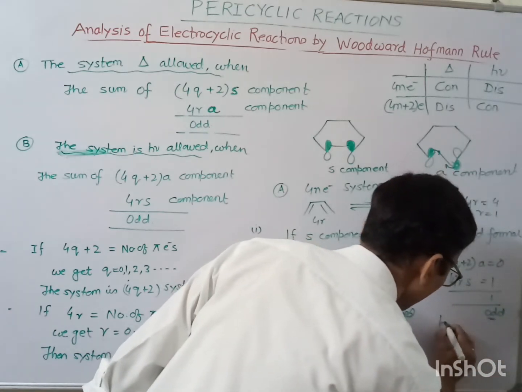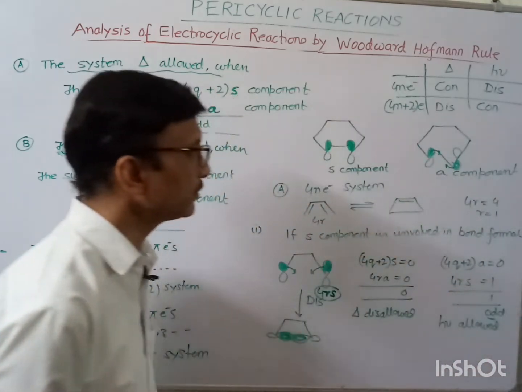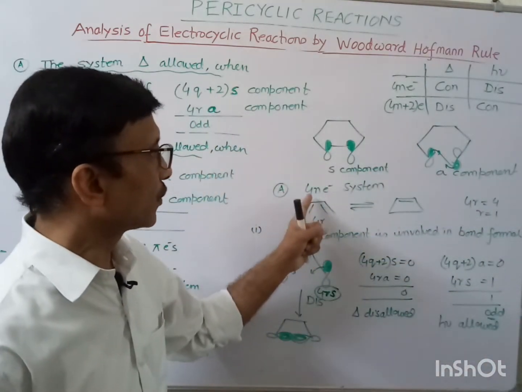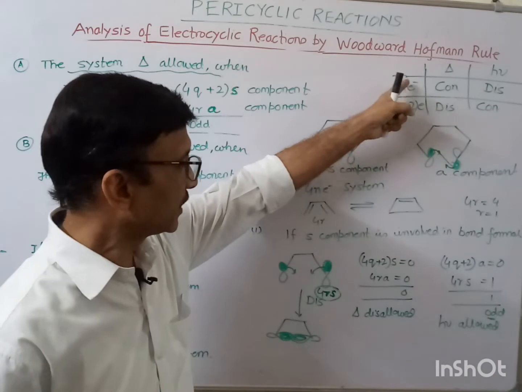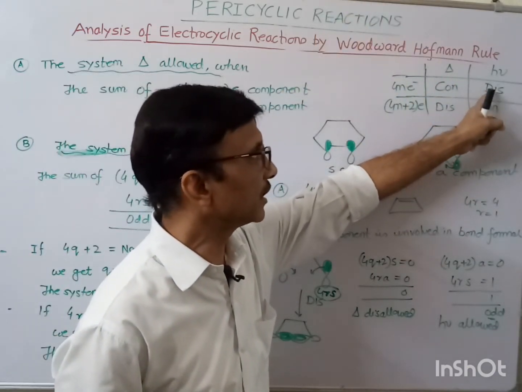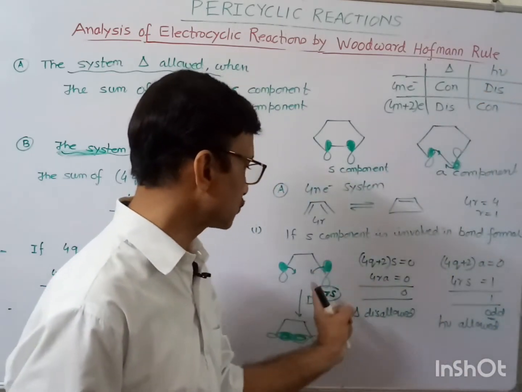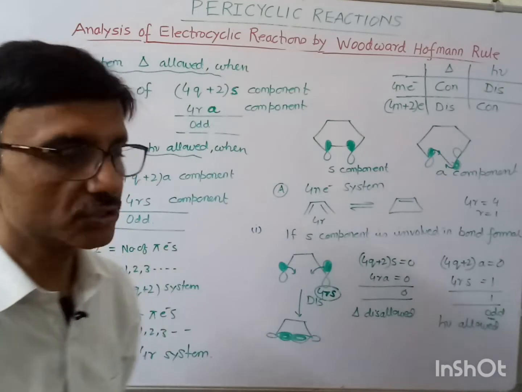That's why it is photochemically allowed. So the same thing you can see for a 4n electron system: when disrotation occurs, it occurs only under the photochemical condition.